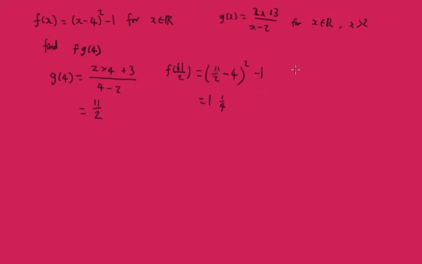I'll just do a quick working here to show you. 11 minus 8 over 2, squared, would be 3 over 2 squared, which is 9 over 4, and then you're going to minus 1 there, and you're going to end up getting that.